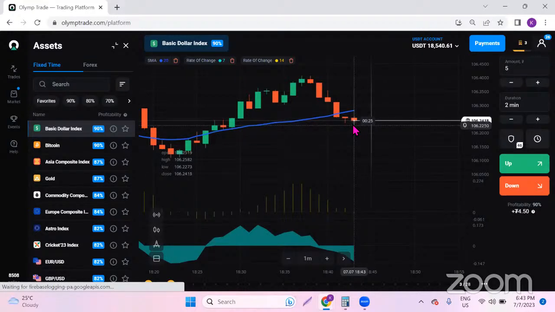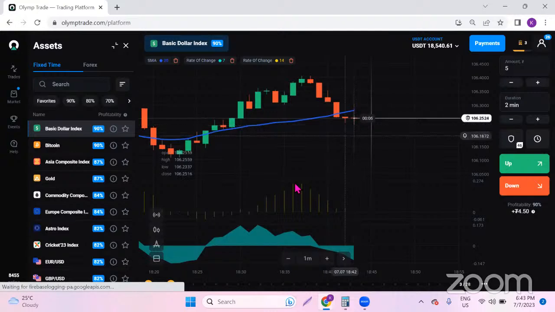The entry point in the trade also matters. I always recommend that you do not enter a trade in between the candle, when the candle is 20, 25, 30 seconds down the line. Wait for the candle to end, and maybe if the next candle is in your favor, you can trade on that candle.